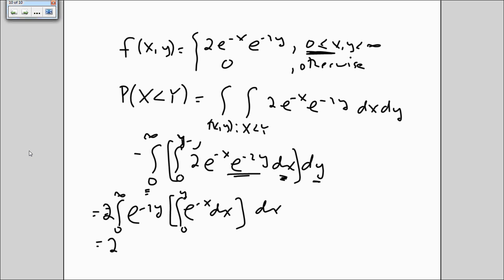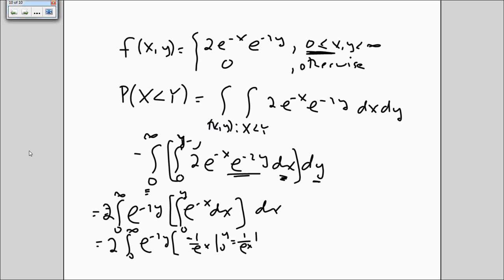So you have 2, the integral from 0 to infinity, e to the negative 2y. This integral is, we just did it, negative 1 over e to the x from 0 to y, which I'm going to call 1 over e to the x.